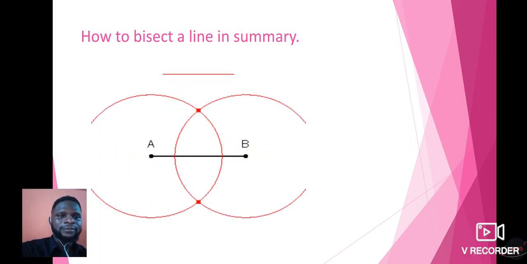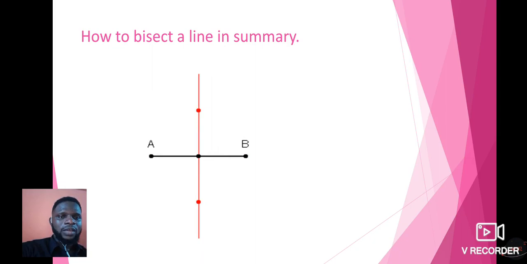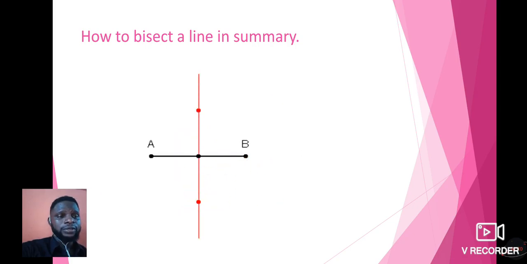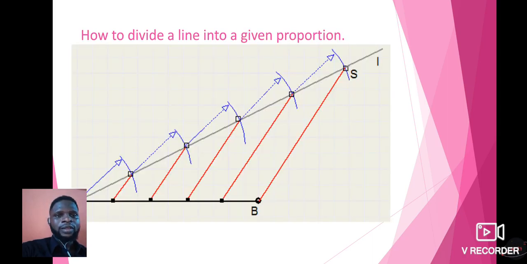As you can see, I will allow you to play one more time. Have line AB and point of intersection, you join. So that's how to bisect a line. So how to divide a line into a given proportion. Now for this one, I can't really explain it in this video.